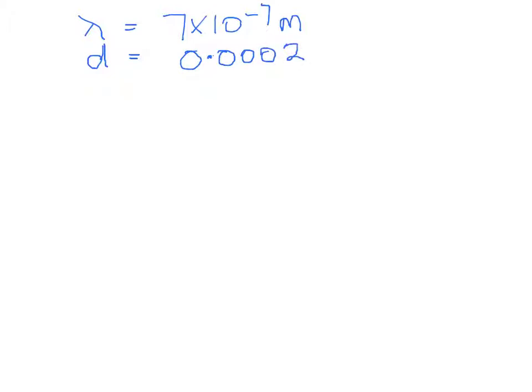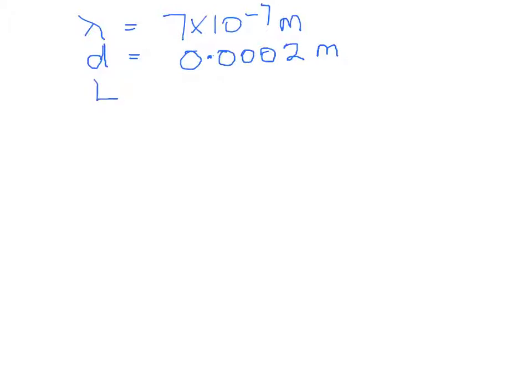So reading off the question, lambda equals 700 nanometers, and that's 7 by 10 to the minus 7 meters. Then, of course, d, or a, I'm going to call it d, equals 0.0002 meters.